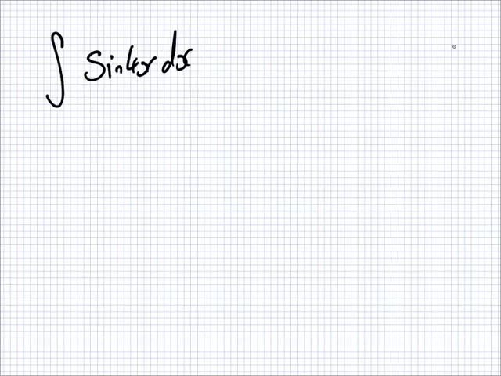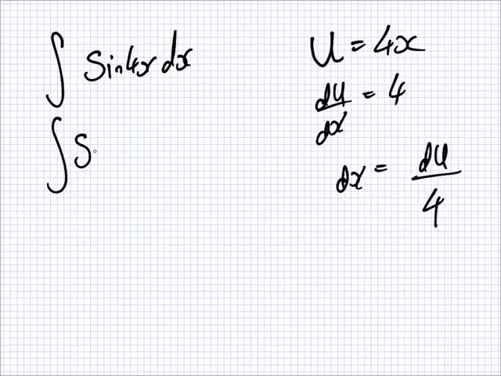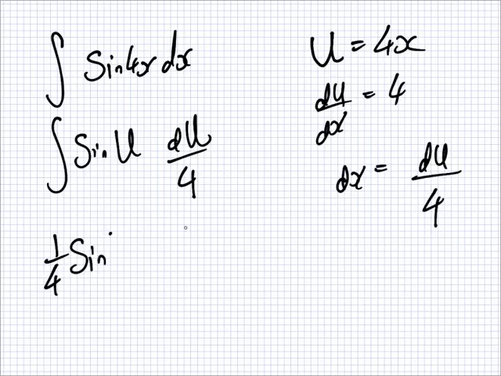Maybe we could use a method you learned recently? You could do this. So what does du/dx equal? 4. So dx equals du over 4. So this now becomes sine u du over 4, which is a quarter sine u du.